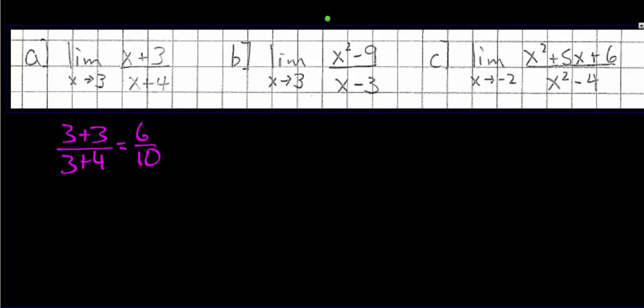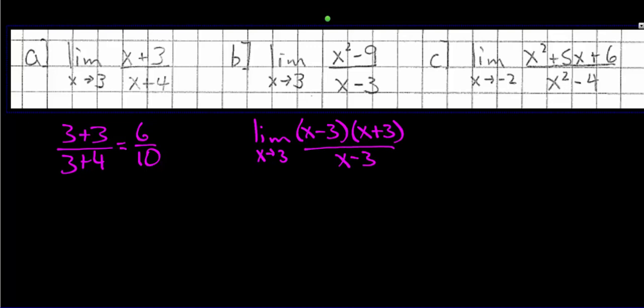Now, when you come to this next one, b, you'll notice that if you take the limit of the top, plugging in a 3, you're going to get 0. If you take the limit of the bottom, you're going to get 0. So that tells you that I need to factor and cancel. So we get x minus 3 times x plus 3 over x minus 3.